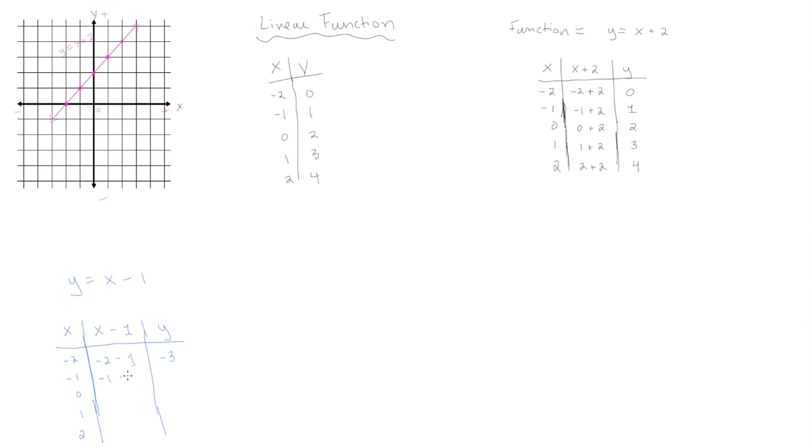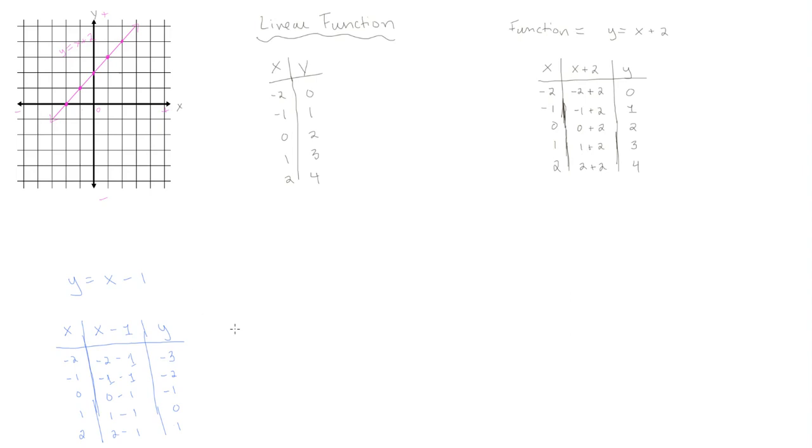Negative 1 minus 1 gives us negative 2. 0 minus 1 gives us negative 1. 1 minus 1 gives us 0. And then 2 minus 1 would give us just 1. Okay?